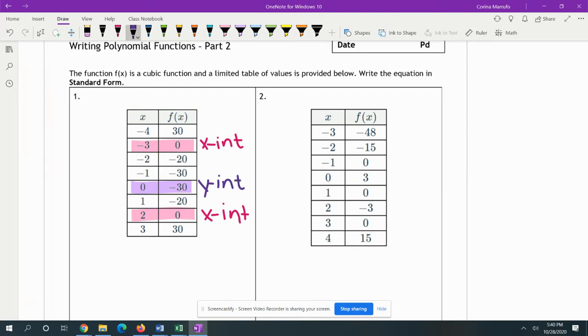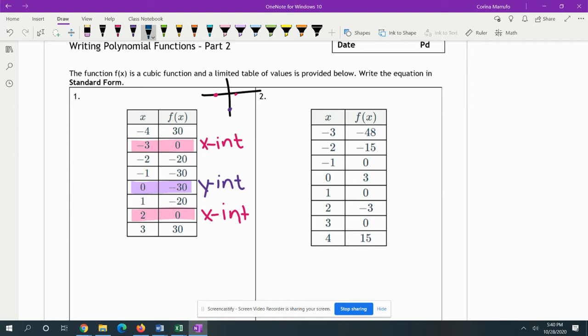Remember, if you want to graph it just so you can get an idea of what it looks like, we have (-3, 0), (2, 0), and (0, -30). I'm not sure what the graph looks like, so I guess we can plot all the points.